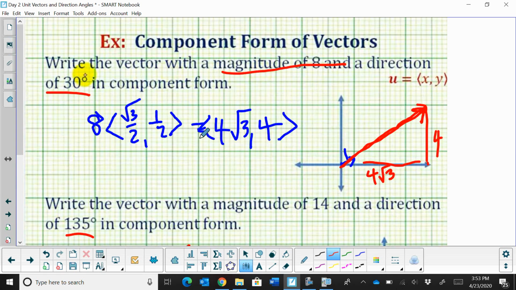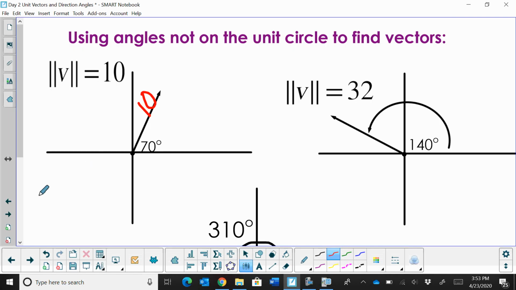Let's go back and talk about these for a second. Don't we know that the x direction is always the cosine, and the y value is always the vertical, which is our sine? Okay, so cosine is always first and sine is always second. So for the ones that are not on the unit circle, we're going to write those as sines and cosines.